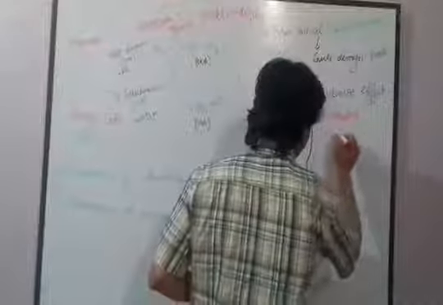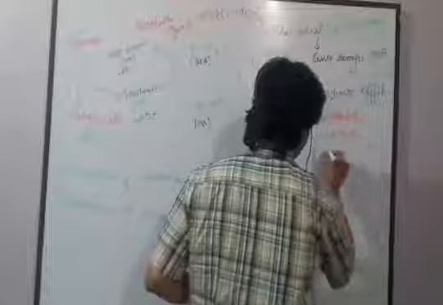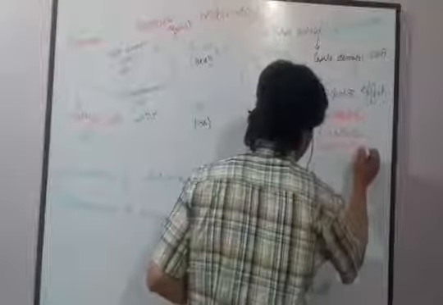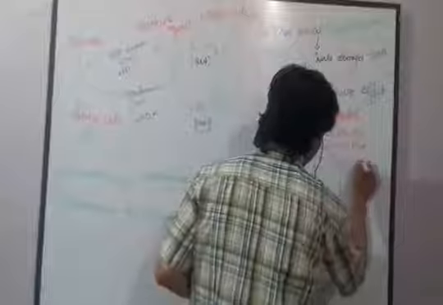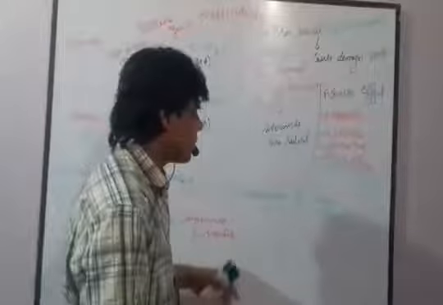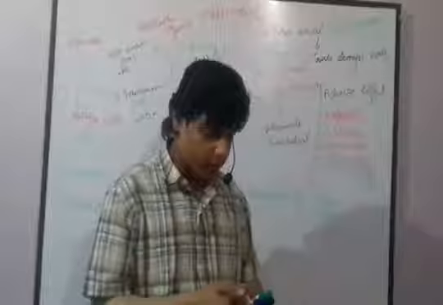The second is nausea. The third is vomiting. The fourth is diarrhea. So these are the side effects which occur when we give this drug to a patient.